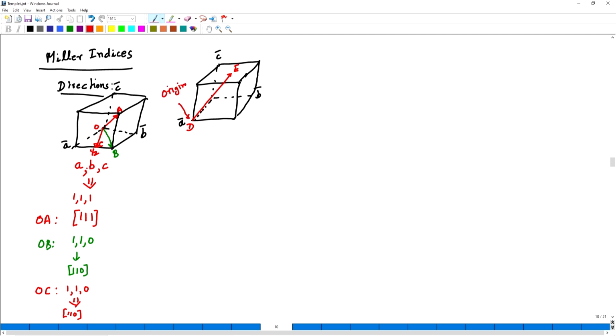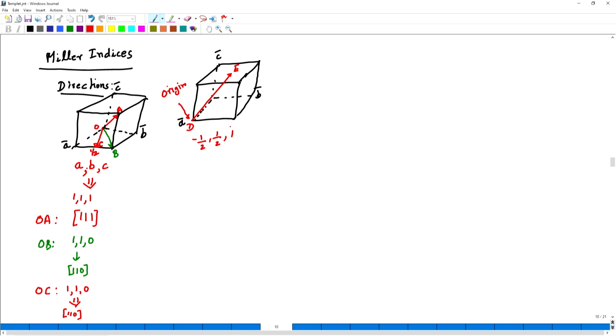So, we will notice what the three components are in this case. It goes halfway along A in the negative direction, so along A it is A by 2. I am removing the A and leaving the fractional coordinate, so it is minus half. Along B, it is plus half, and along C, it is 1.